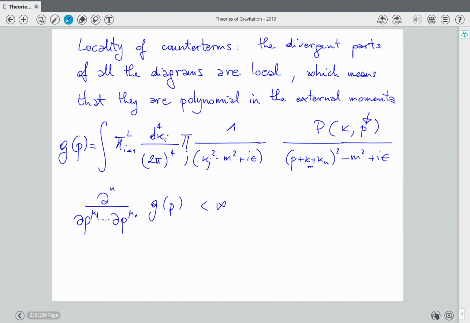Therefore, after a certain number of derivatives, you get something convergent, which means that its divergent part gets killed by those derivatives, and so its divergent part is a polynomial in the external momentum.